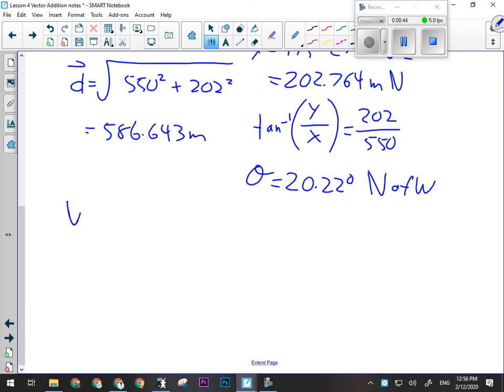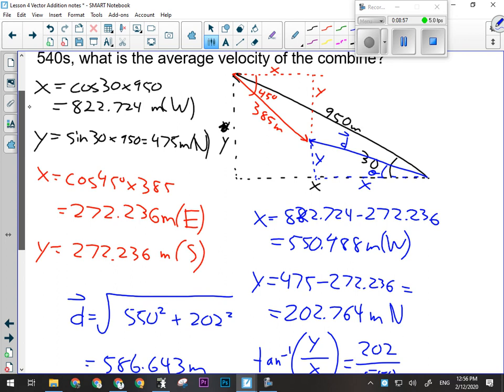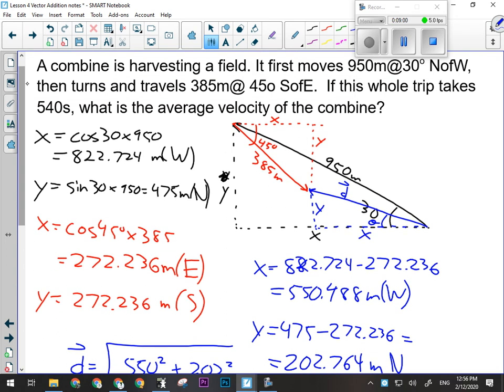So to calculate the average velocity, I need total displacement over total time. I have that, it's my 586 here. So 586.643 with all the decimals, divided by the total time, which was 540 seconds.